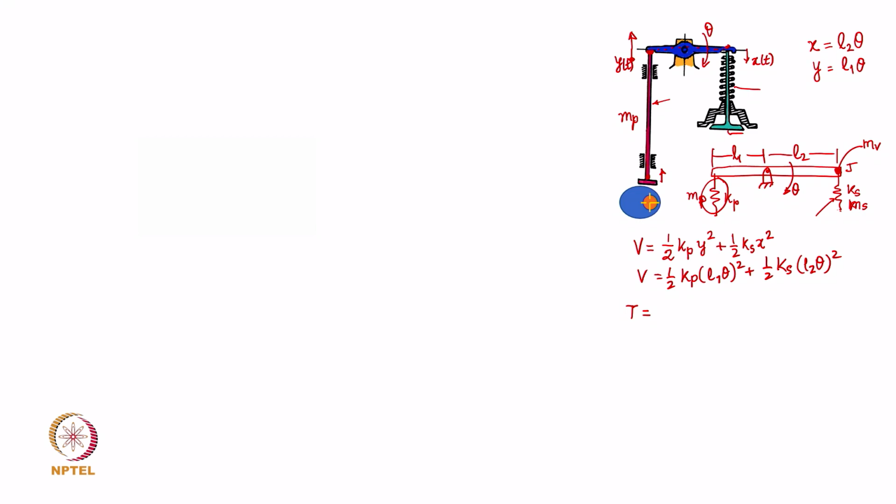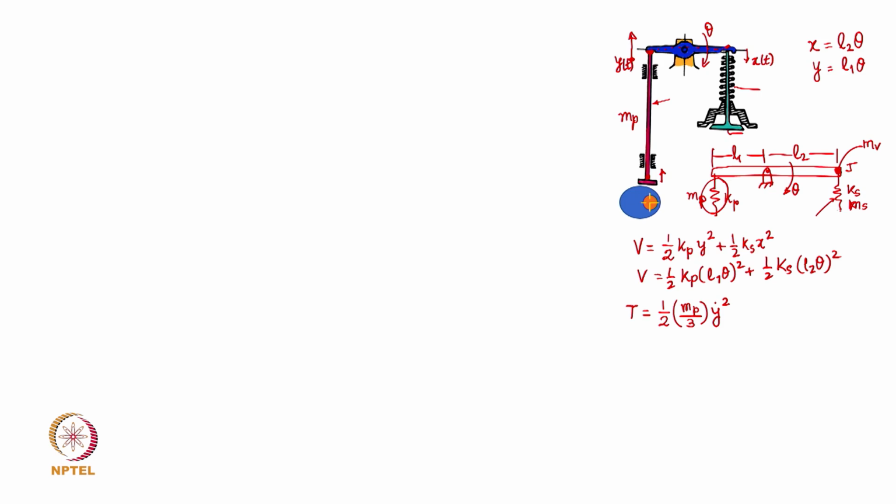So, therefore, this is almost like a spring and we have discussed enough in terms of considering the mass of the spring. So, if that is the case, then the kinetic energy contribution from the push rod is going to be half mp into y dot square, but the mass of the push rod is reduced to 1/3 of its total mass.